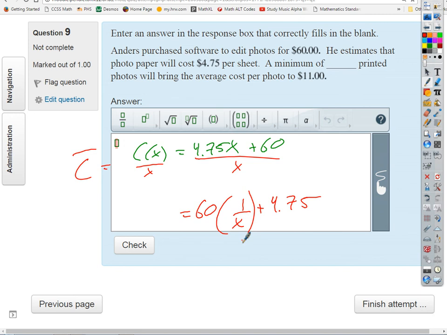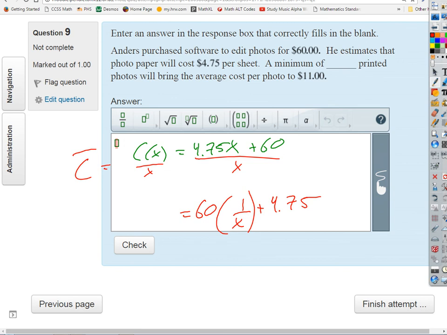So now we know what that graph looks like. That's just going to be an inverse function, stretched by 60 and picked up by 4.75. So if we wanted to model this, that's pretty handy.